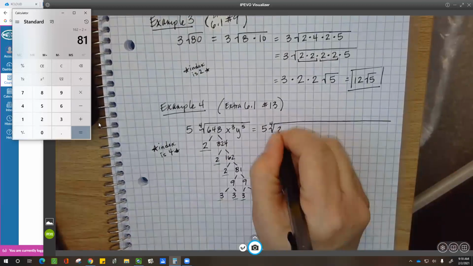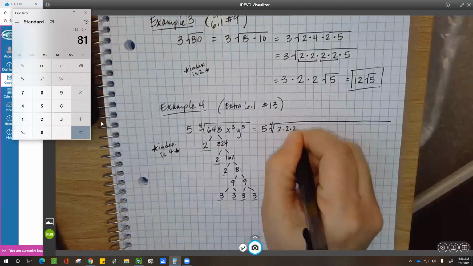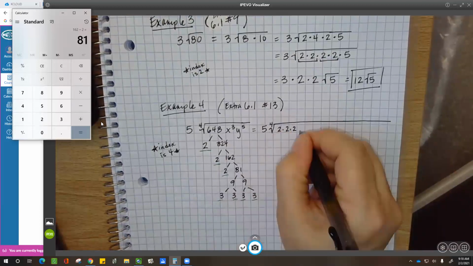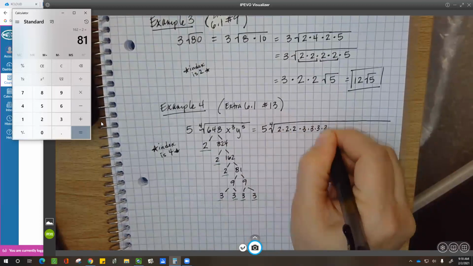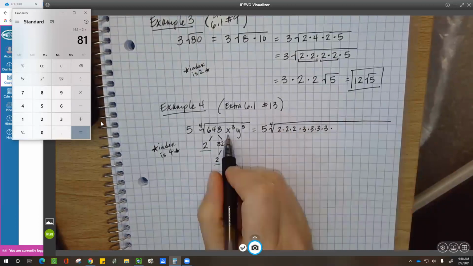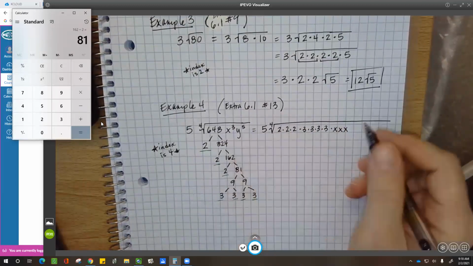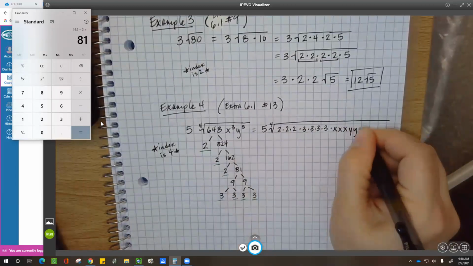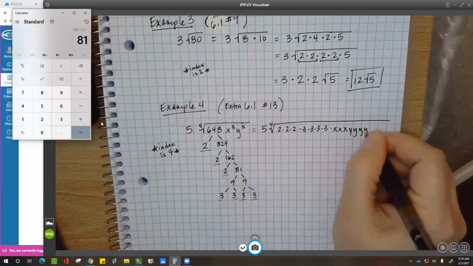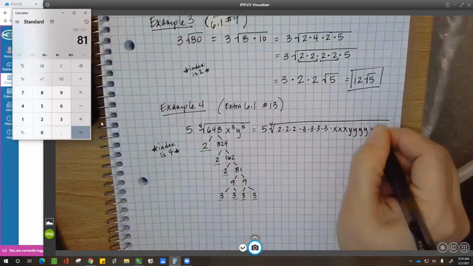So I have 2 times itself 3 times, 1, 2, 3, and then I have 3 4s. X to the 3rd means x times itself 3 times. Y to the 5th means I have 5 y's. 1, 2, 3, 4, 5. All right.